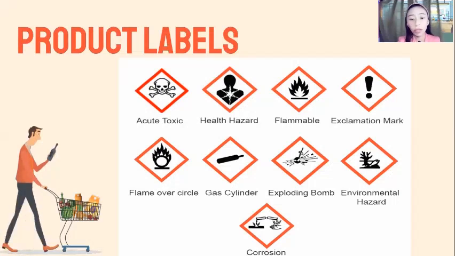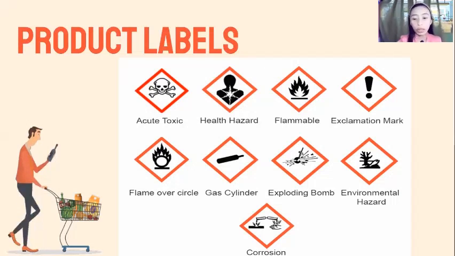These labels are also important in other products like common household materials. So these are the hazardous signs that we usually encounter in household materials. These kinds of household products contain hazardous substances. That's why you will usually encounter this type of signs.